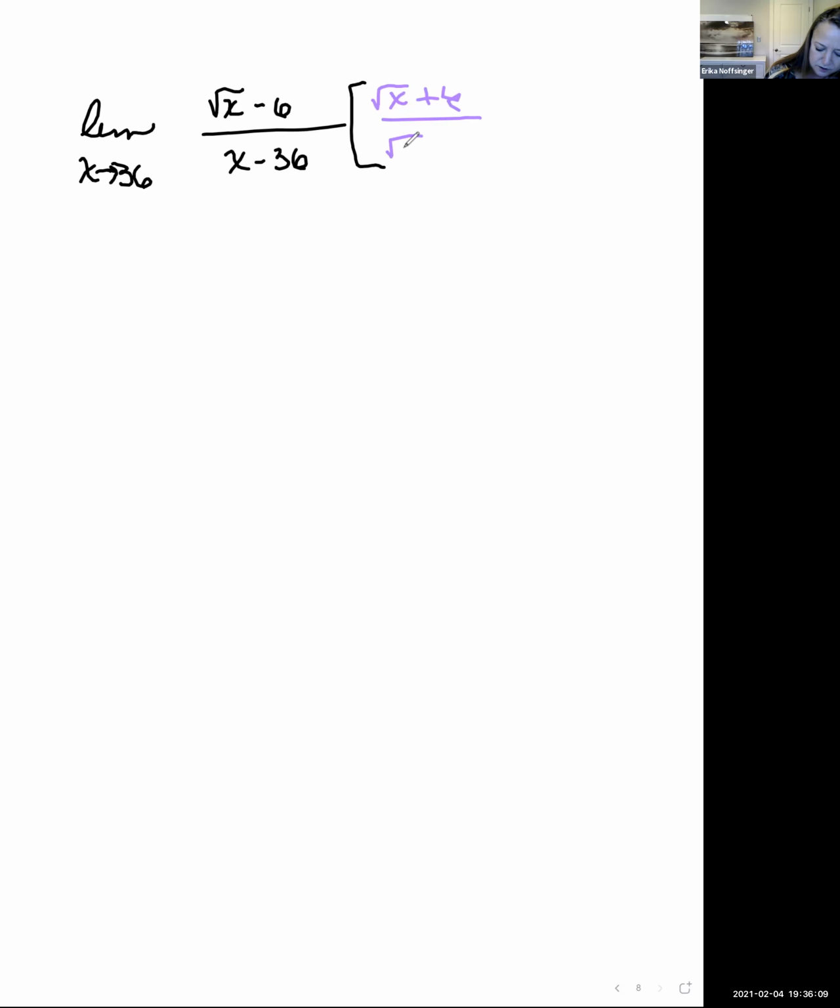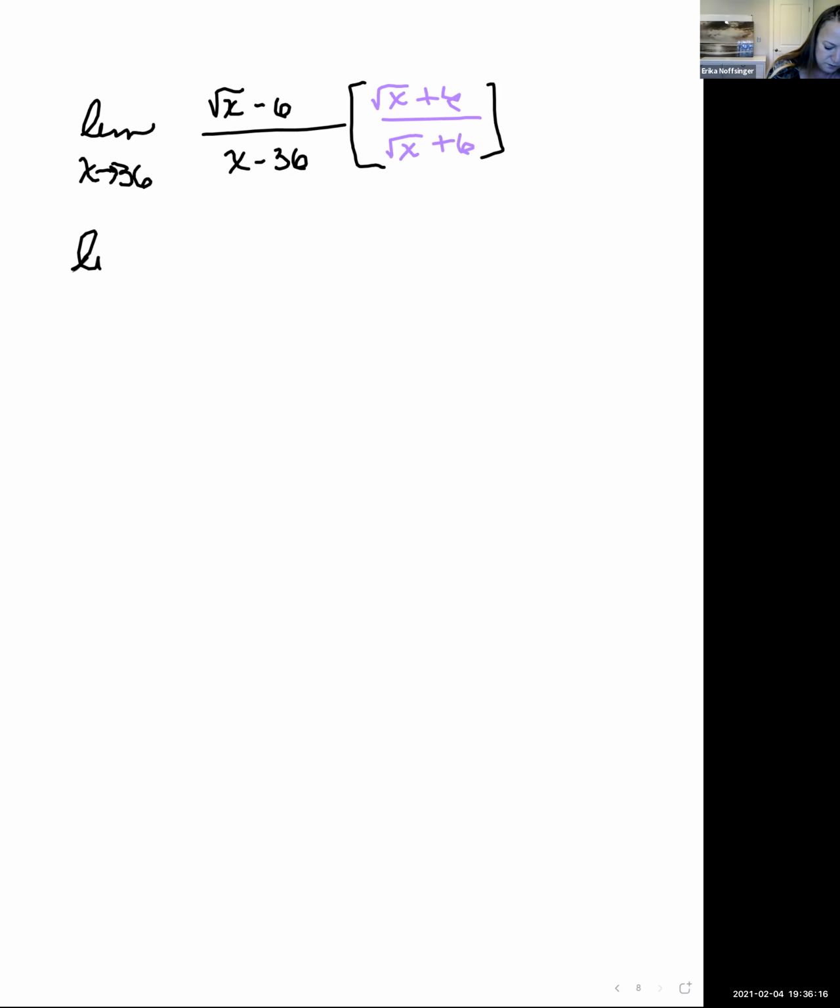Okay, so we have the limit as x is approaching 36 of the square root of x minus 6 all over x minus 36. We were multiplying top and bottom by that conjugate, the square root of x plus 6, all over the square root of x plus 6.